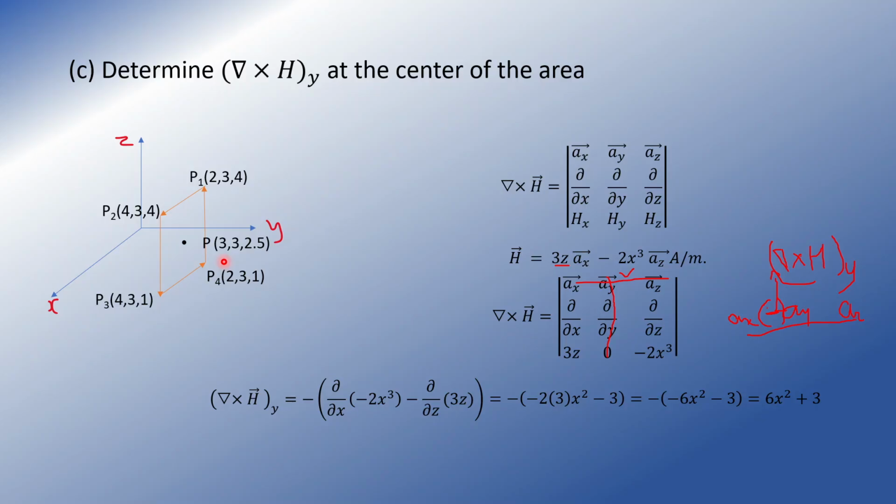Kindly pause the video and take a moment to calculate these coordinates at the center. Please understand, it is the coordinate, it is not the distance. It is true that this point is 2 and this point is 4. The difference is 2 and half the difference is 1.